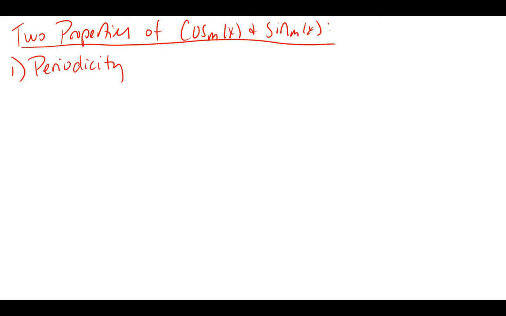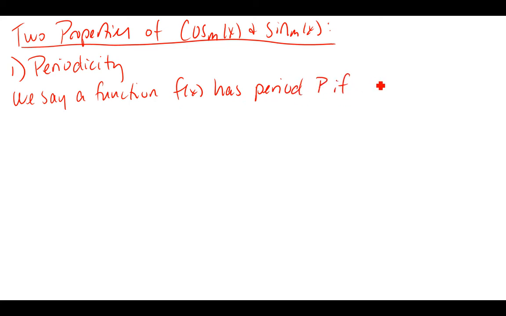We say a function f of x has period p if f of x plus p equals f of x for any x. To say something has period p, whatever number p might be, is simply saying that every p units, the function repeats itself.